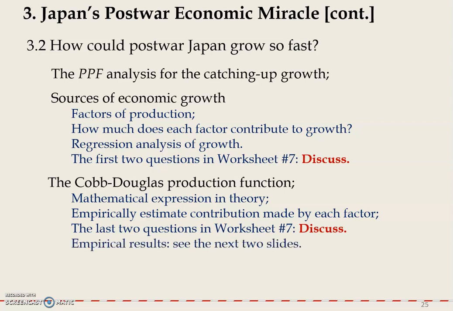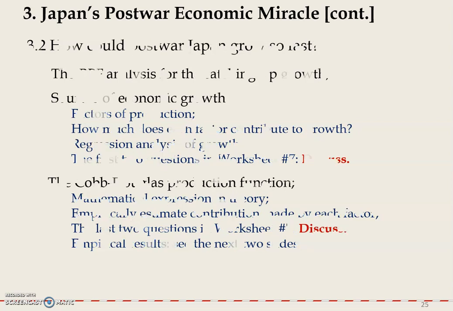So here, let's go ahead and talk about the empirical results, what we already learned from the real-world data about the sources of growth, or the contribution of these factors of production to the overall growth.